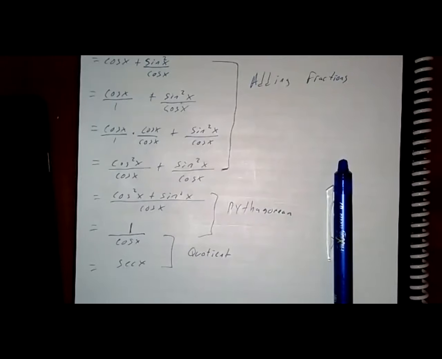The best thing I can tell you, some rule of thumb, I guess: if you see fractions, add them, because something might happen that will allow you to apply an identity. If you see squares, see if you can do a Pythagorean identity. See if you can replace a sine with a cosine, or maybe they combine and become the number 1.